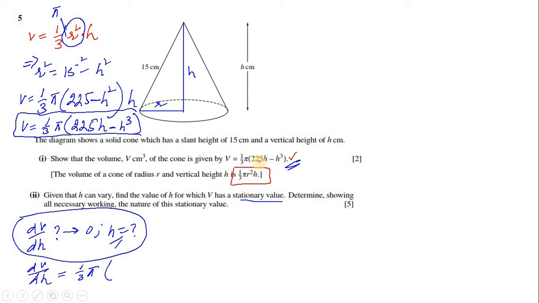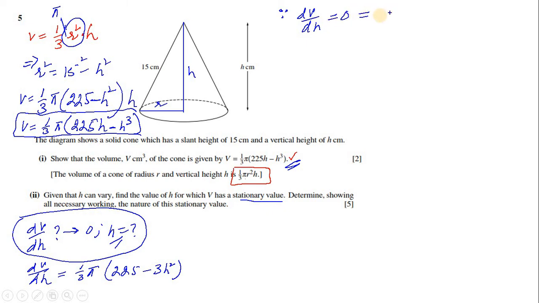Inside the bracket, the derivative of 225h is only 225, minus the derivative of h cube, which is 3h squared, bracket close.